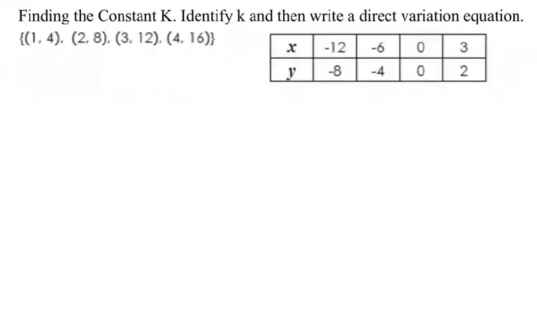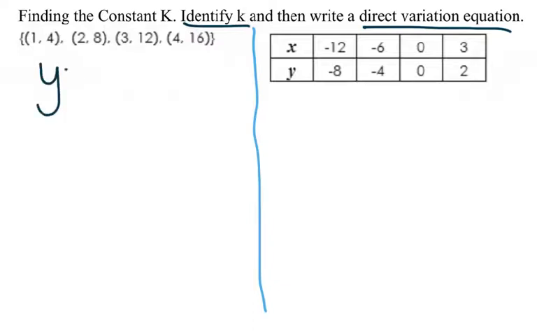These are two different problems. We're going to find the constant k. We're going to identify k, and then we're going to write a direct variation equation. So two things going on. The direct variation equation looks like this.